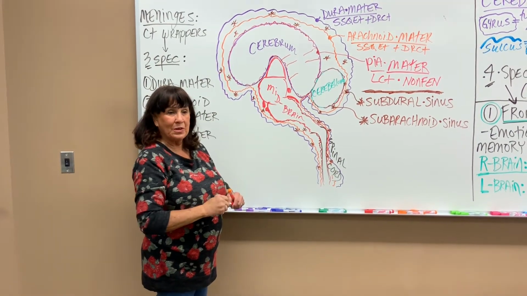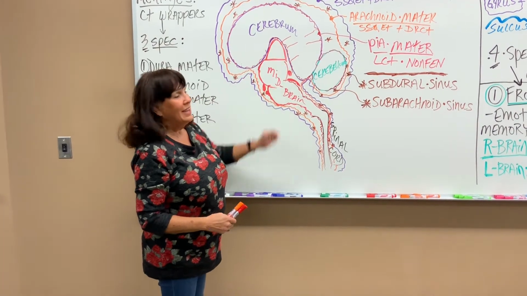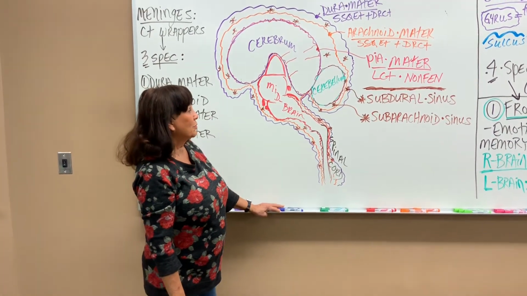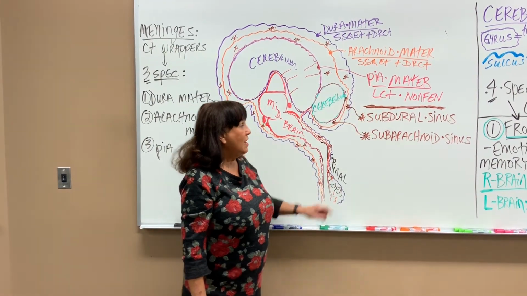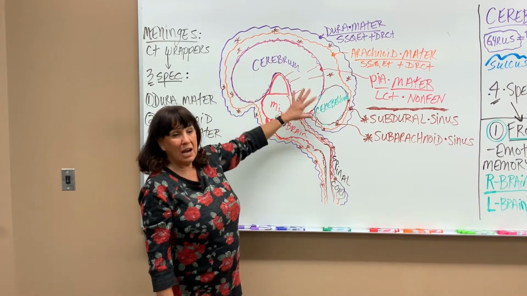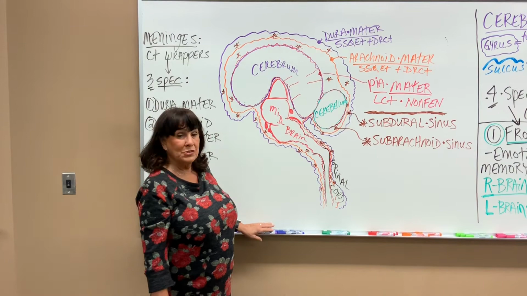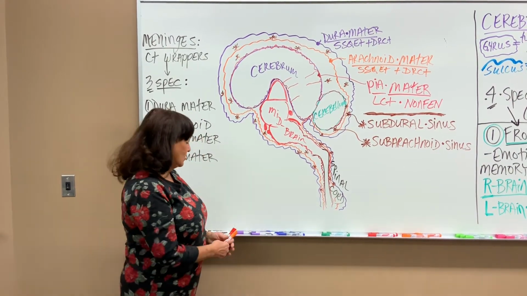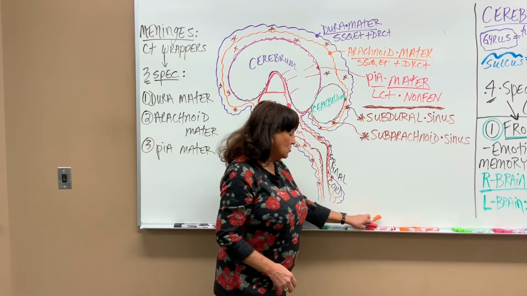That's what makes the cerebrum look sort of spooky looking, because of the dried blood in the capillaries on the surface of the brain. So that pia mater is loose CT, non-fen capillaries, right? And that sits right on top of the nerve tissue, the neurons and the neuroglial cells, the support cells. All right, so that I just wanted to review real quick, like in a nice big picture so that you could see it.